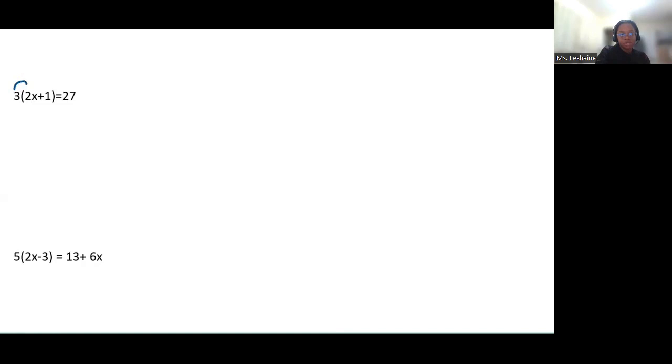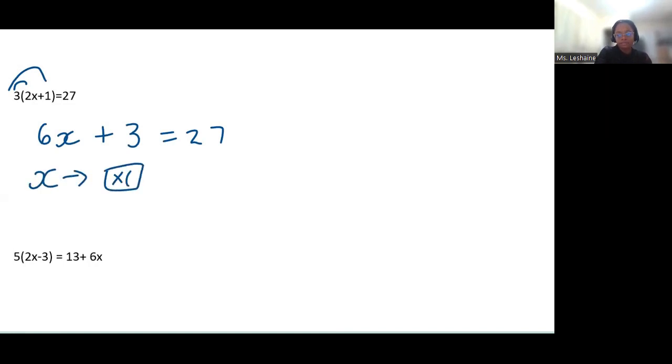So 3 times 2x, that is 6x. 3 times 1, that is just the 3. So 6x plus 3 is 27. And then I can solve this the regular way that we're used to. I ask myself, what is happening to x? I multiplied by 6. Then I added a 3.